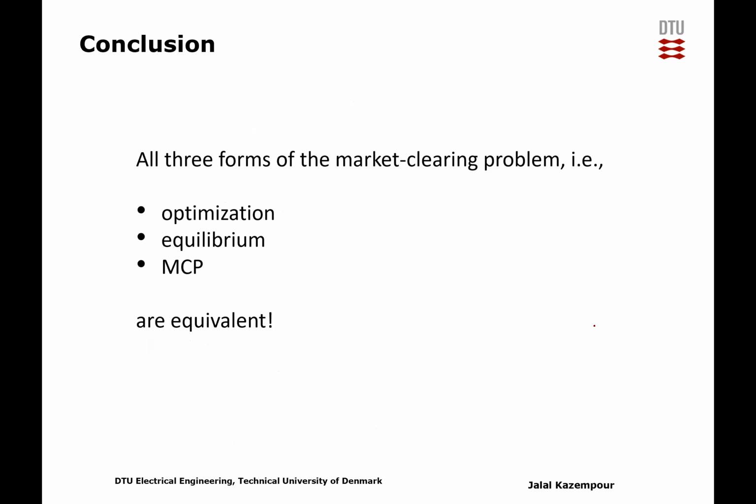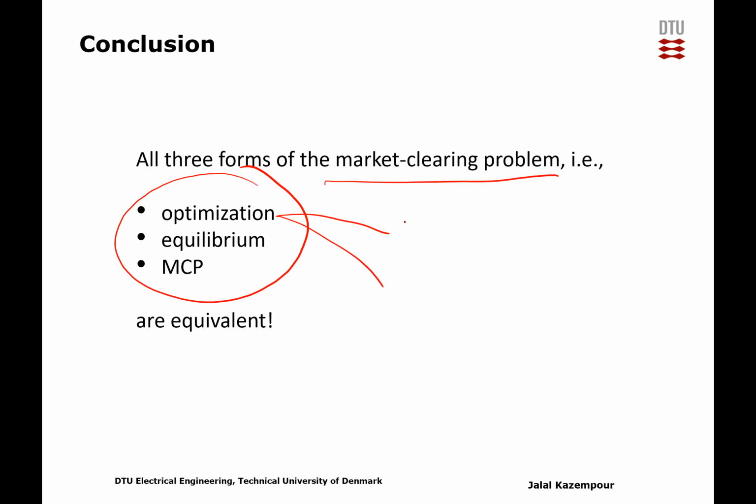So what we learned today, the bottom line: optimization, equilibrium, MCP. For the market clearing problem, they are all equivalent. And this optimization problem could be in the form of primal, or it could be in the form of dual. All four forms of market clearing are equivalent. Good.